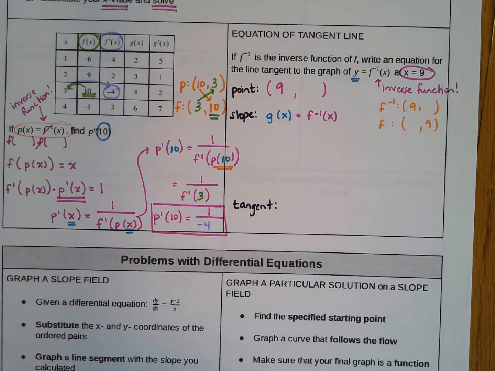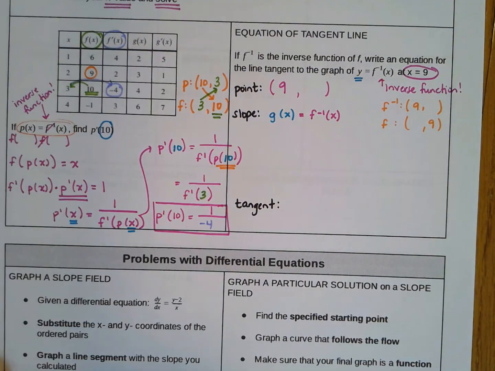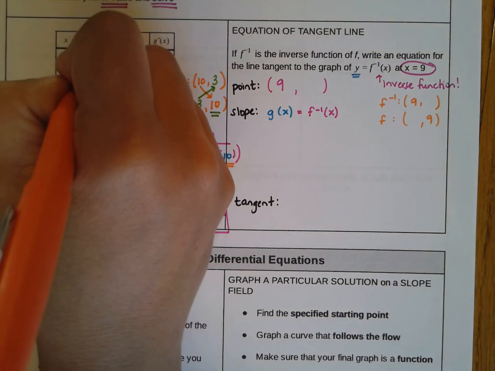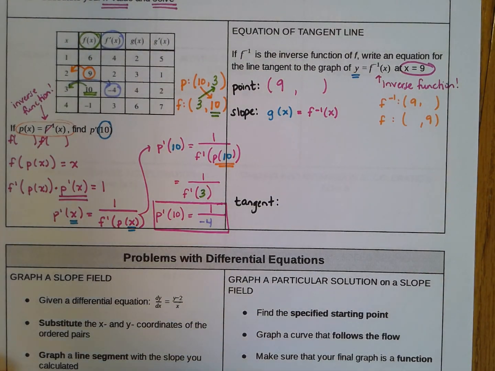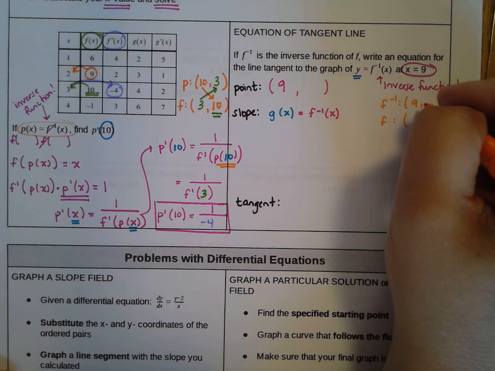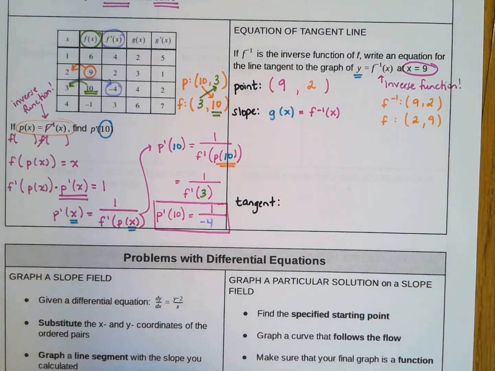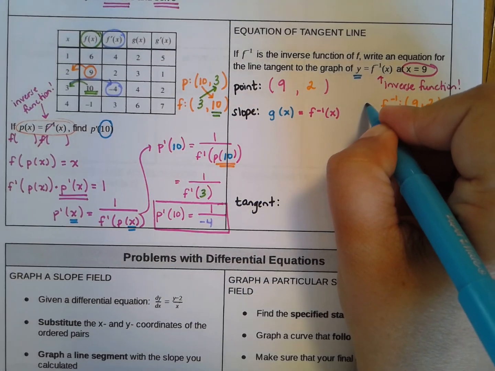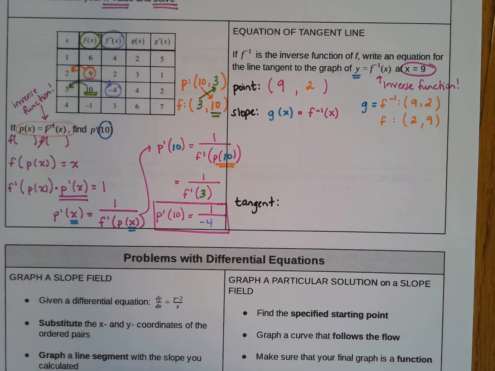So I'm going to find the number 9 in my table in the output column for f. And I'm going to map it back to whatever the corresponding x value is, which in this case is going to be the number 2. Now let's also not forget that f inverse is what I'm using g for in this problem. So now that I've got that point figured out, I'm going to work on the slope.